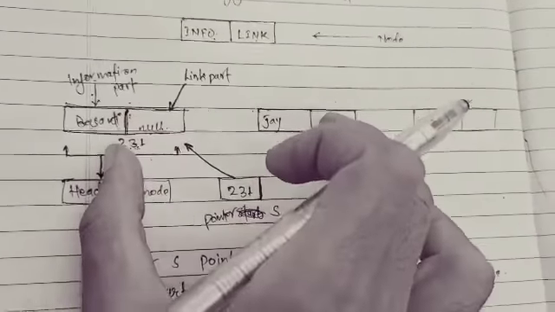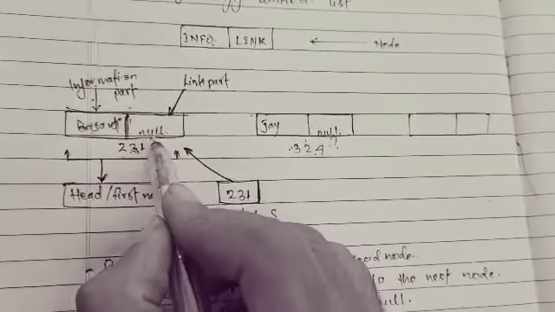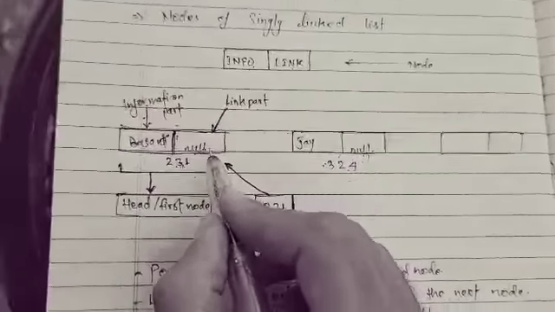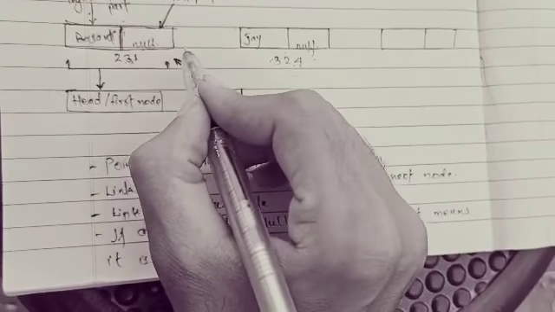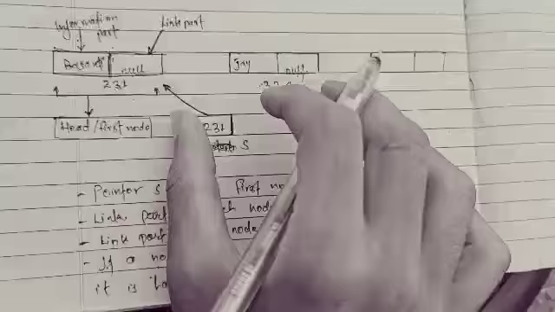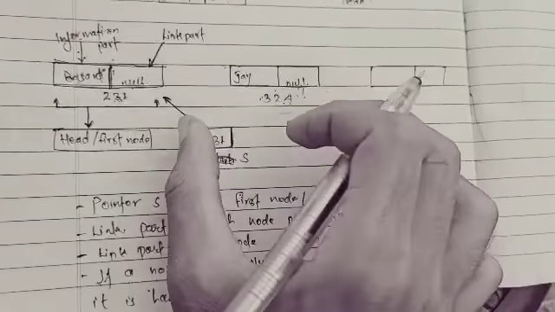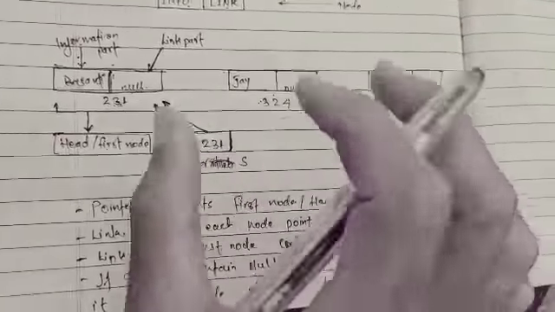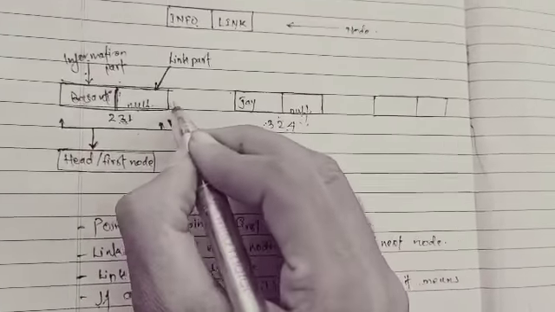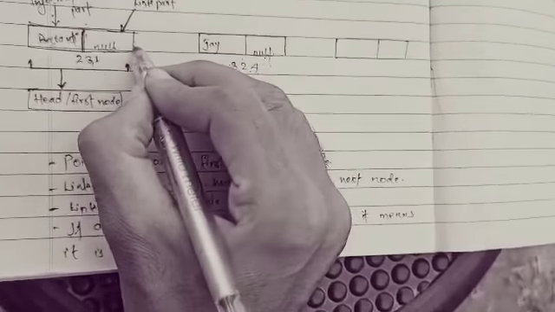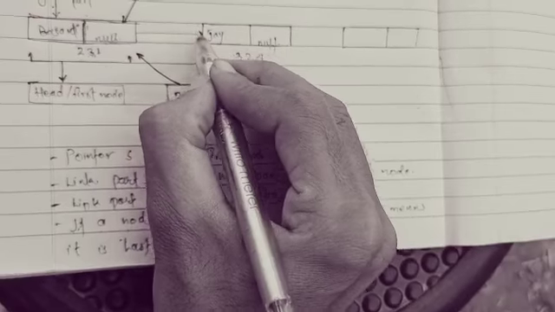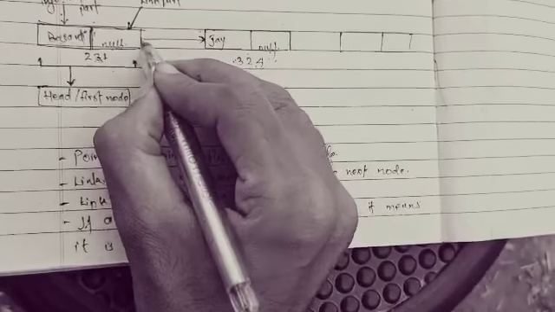But if we have two nodes, the link parts of both nodes should not be null, it's not possible. So what we have to do is connect them with each other.